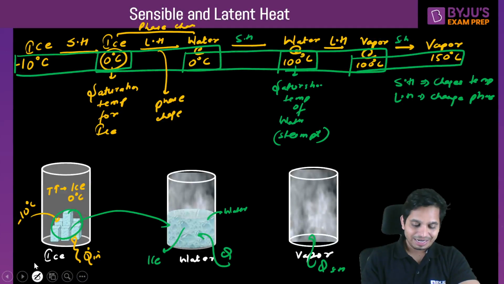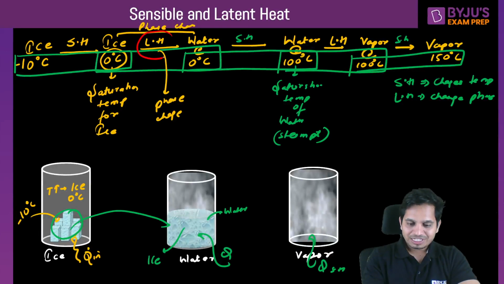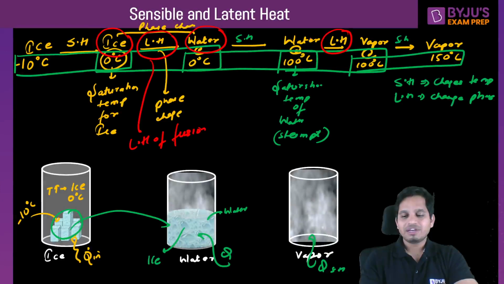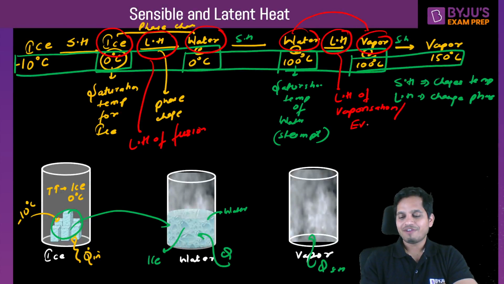This latent heat which is causing change of ice to water is called latent heat of fusion. And this latent heat which is causing water to convert into vapor is called latent heat of vaporization, or sometimes we also call it latent heat of evaporation.